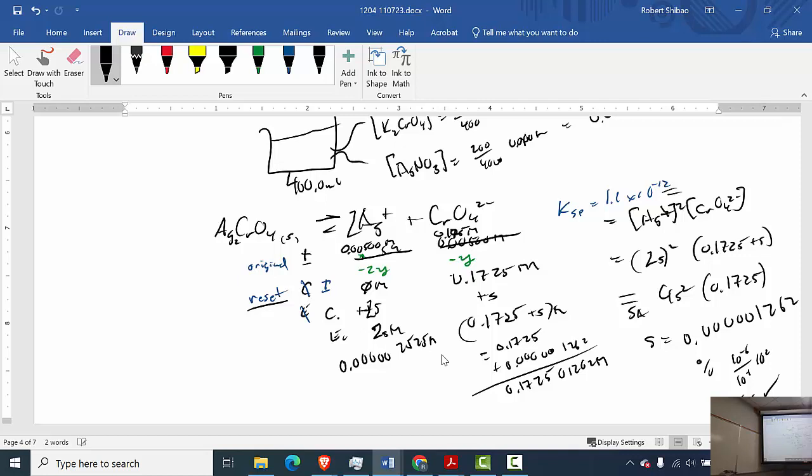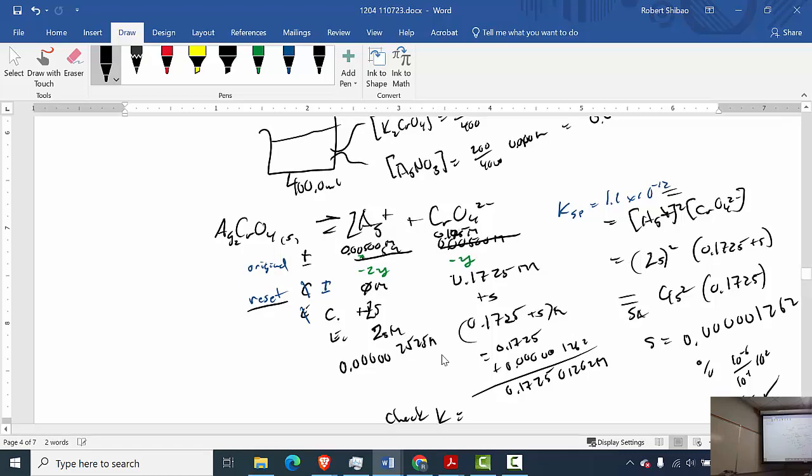And then let me calculate my K. So I'll take my silver concentration, square that, times the chromate concentration, 0.1725, 0.1262. And I get 1.1 times 10 to the minus 12. And so that's good.